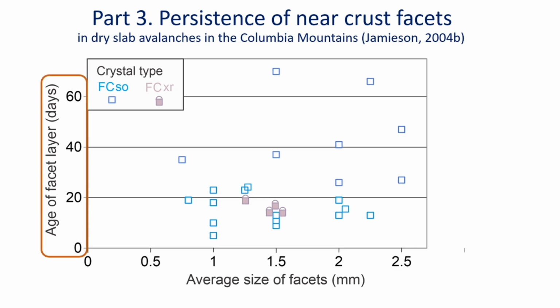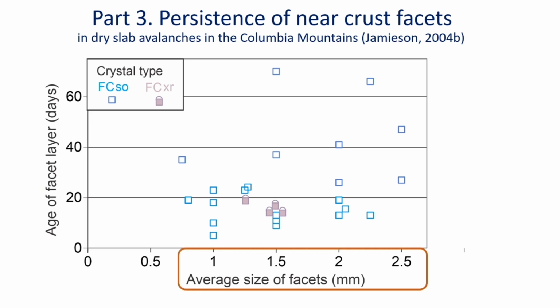Each point on this graph shows the age of a near-crust facet layer when it released a dry slab avalanche. The age of the facet layers when the avalanche released ranged from about 5 to over 60 days. The facets were mostly 1 to 2.5 millimeters in size.